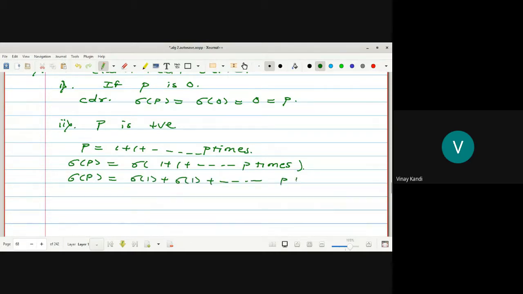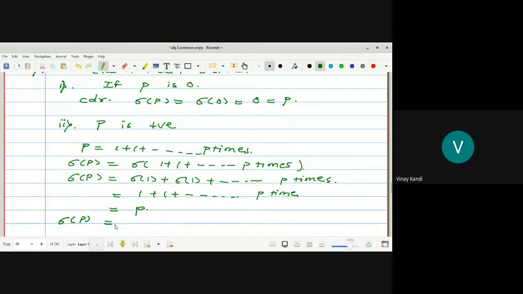Again, identity maps to identity. So sigma of 1 is always 1, and 1 plus 1 up to p times is equal to p. So hence, if p is a positive integer, sigma of p is equal to p.